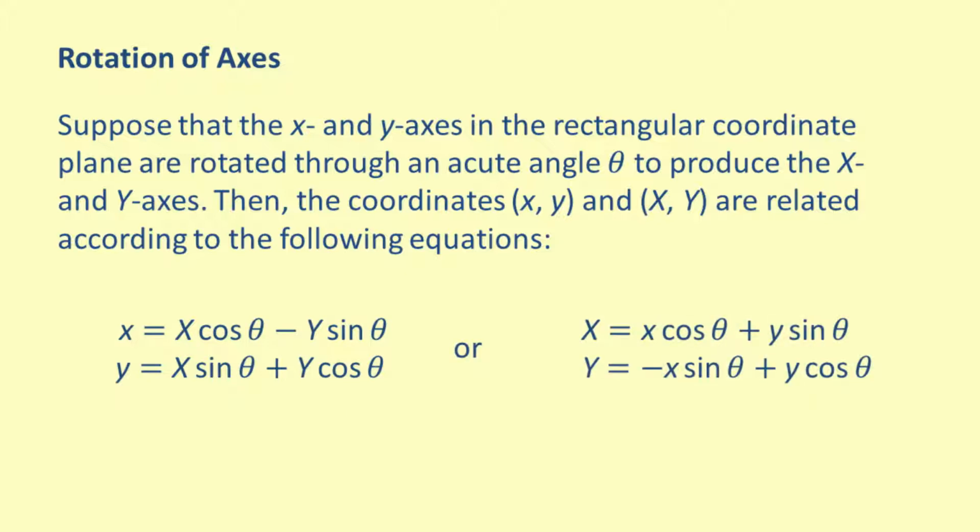Or, capital X equals x times cosine of theta plus y times sine of theta, and capital Y equals negative x times sine of theta plus y times cosine of theta.